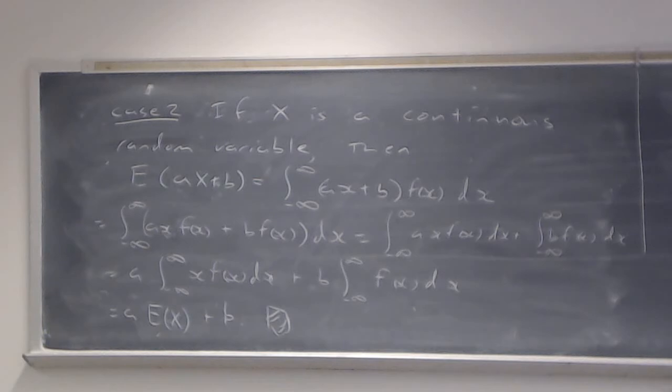Next thing we want to do is look at the expected value of a normally distributed random variable with parameters mu and sigma squared.